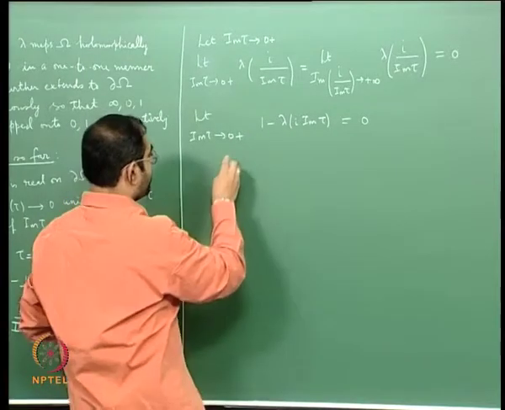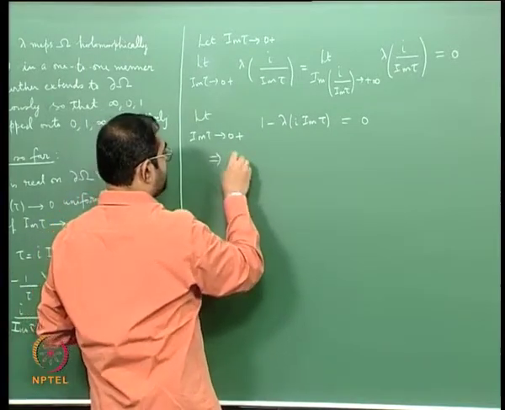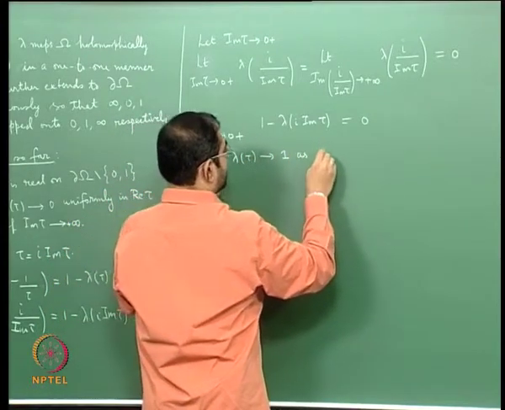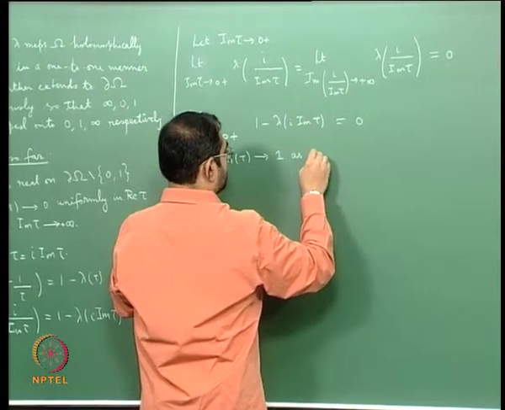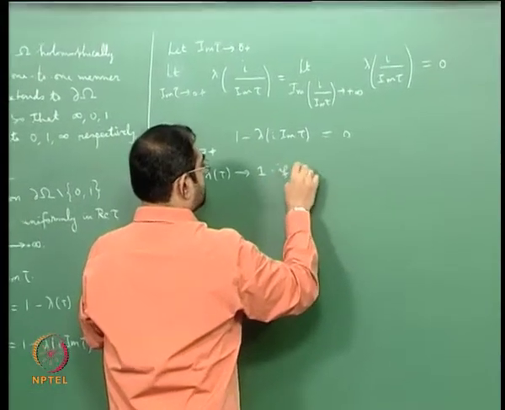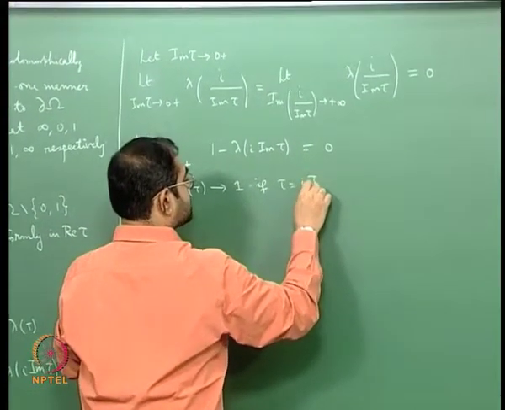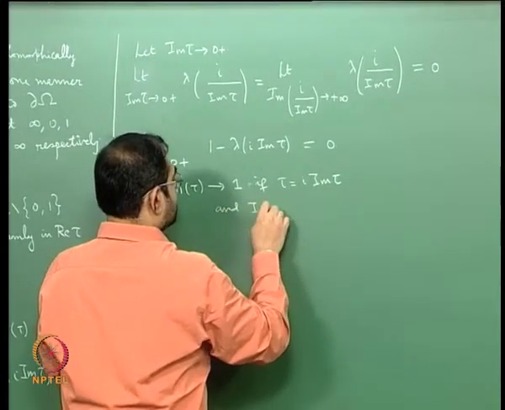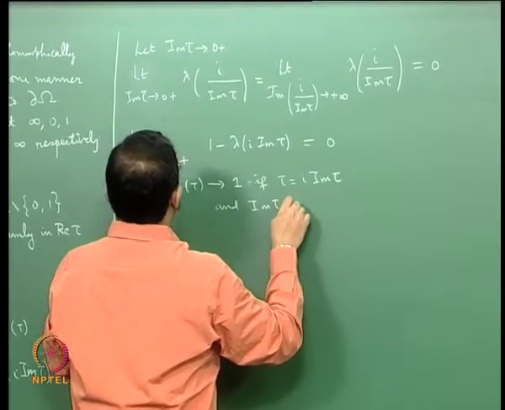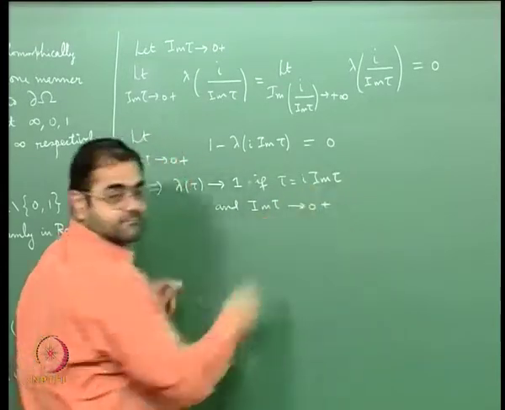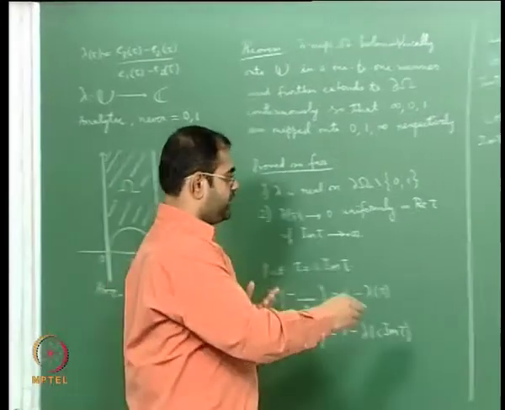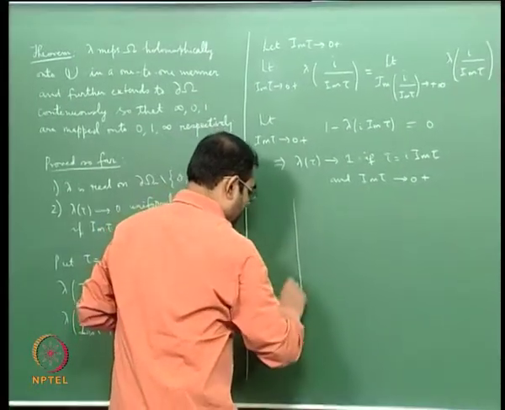So this tells you that lambda of tau tends to 1 if tau is purely imaginary and the imaginary part of tau tends to 0 plus. Okay. So the moral of the story is that, let me draw that diagram again here.